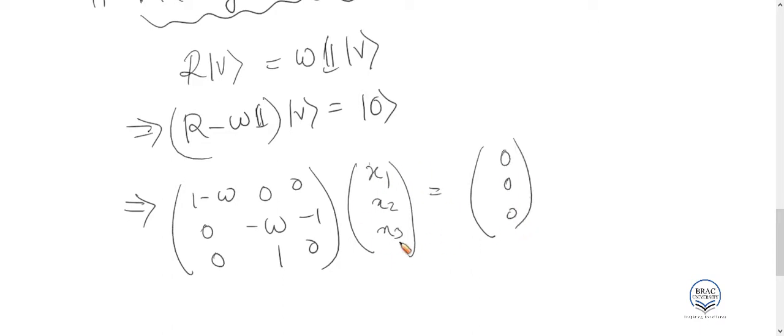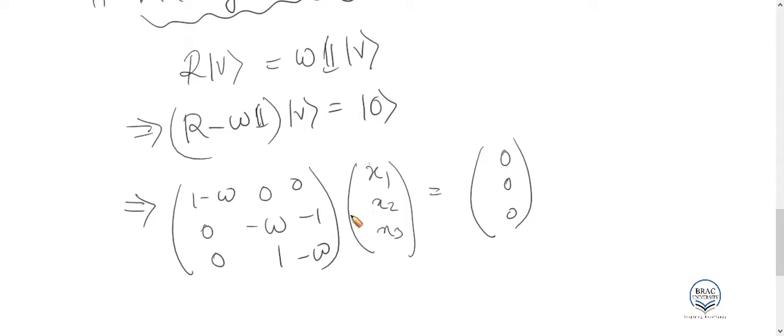So technically now you have to find some column matrices in terms of x1, x2 and x3. So let's try to do it. The idea that is essential for finding the eigenvectors, oops, I made a typo over here, there should be a minus omega.